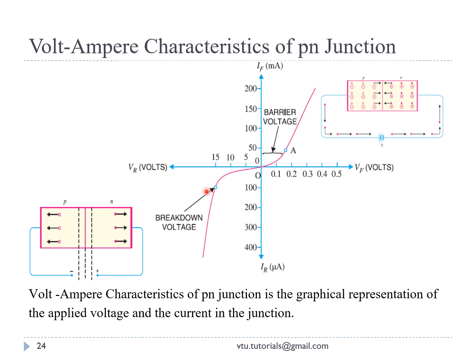This will destroy the junction permanently. This point is called the breakdown. At this point, there will be a sudden rise in the current that will overheat the junction and break the junction. The reverse current is due to the minority charge carriers produced due to the breaking of some covalent bonds at room temperature.